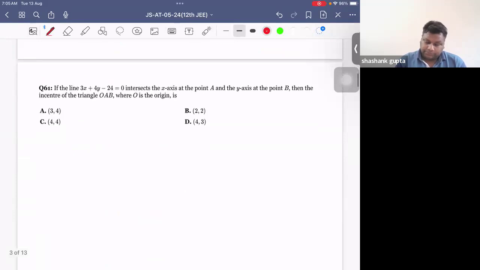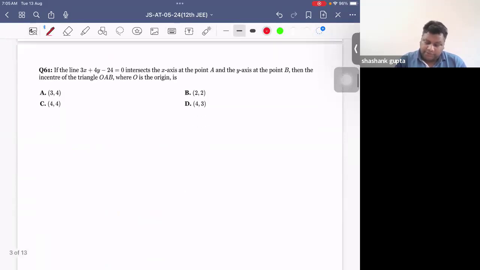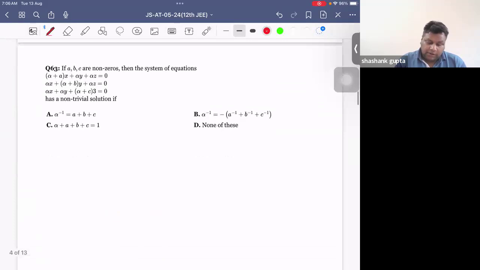Now, this is an easy question we were just talking about. Now see, again, a very important and touchy topic every time. Got it? The question is, if A, B, C are non-zero, the system of equations has a non-trivial solution. Now see, the system is already having a trivial solution.